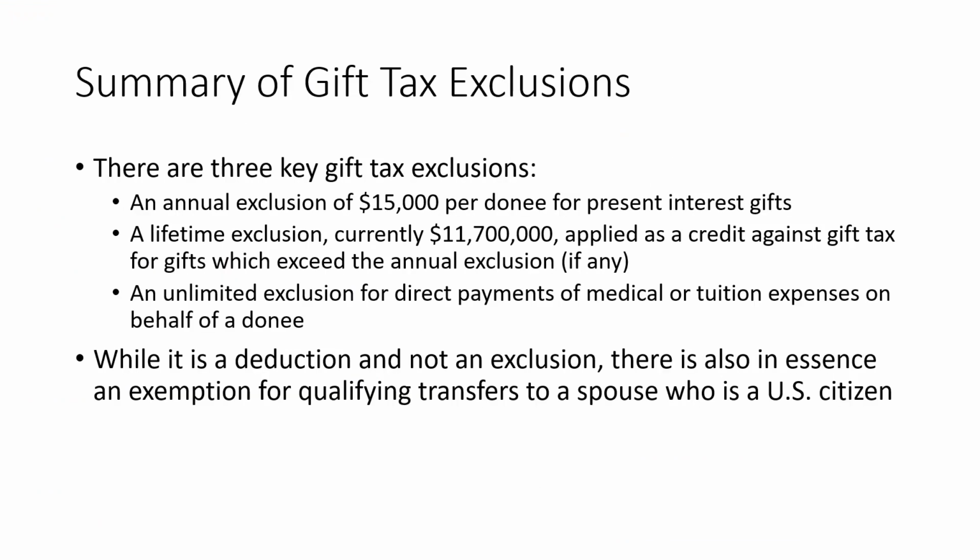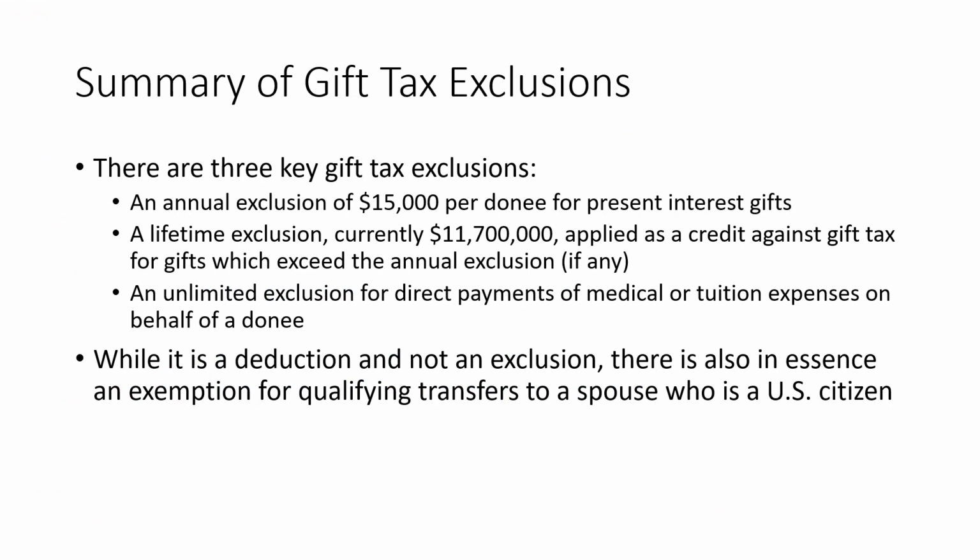So, I've talked about the gift tax exclusions ad nauseam in a number of prior episodes, but as a quick overview, this isn't necessarily a complete list, but I want to hit the high points. There are 3 key gift tax exclusions to know about. One is an annual exclusion of $15,000 per donee for present interest gifts.